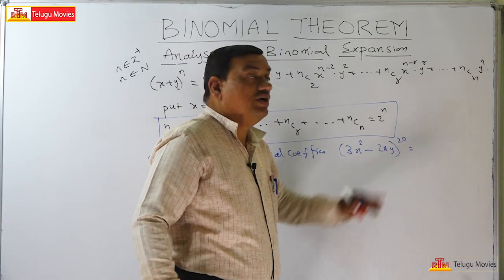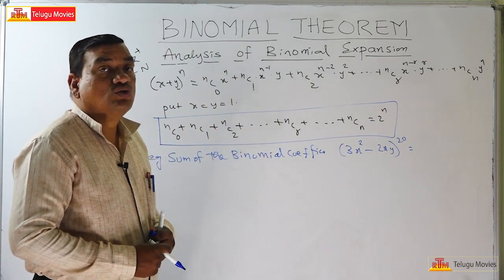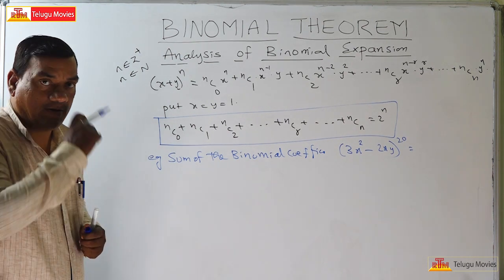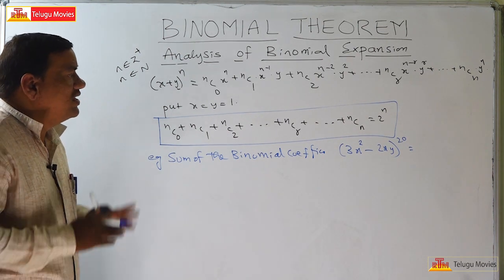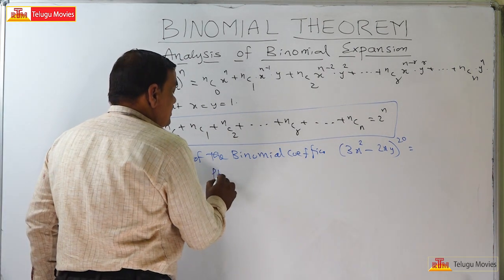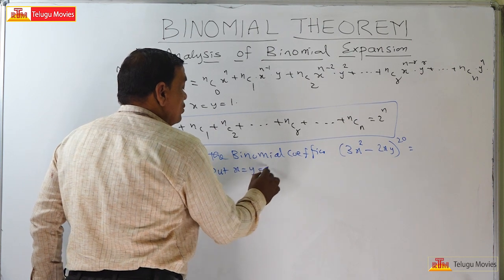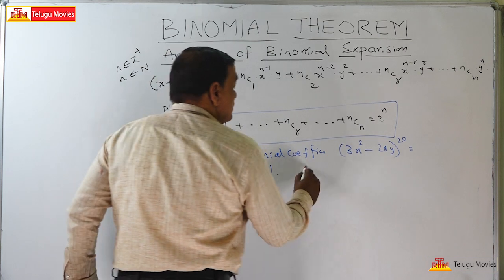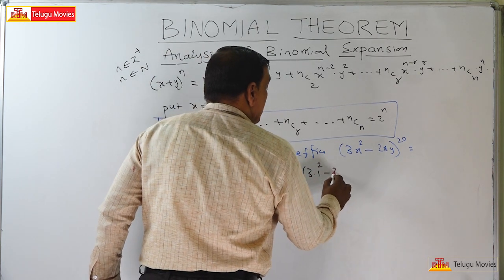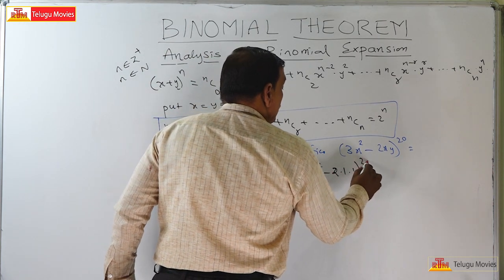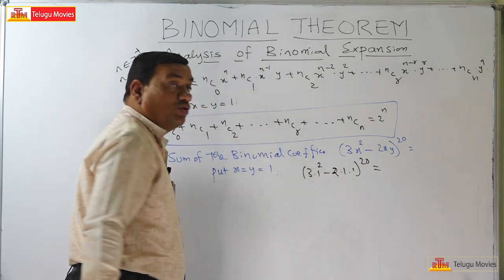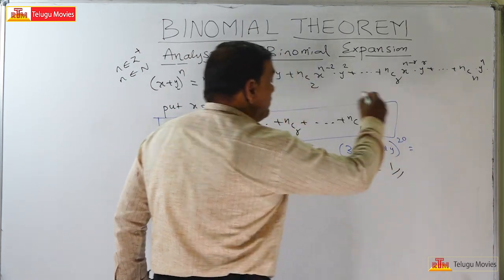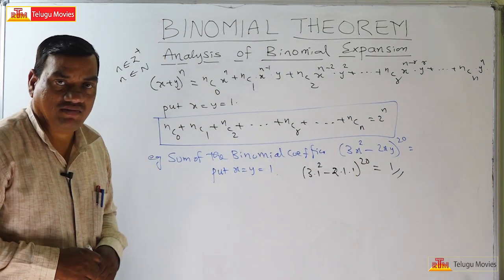If you want to find the sum of the binomial coefficients, simply put x is equal to y is equal to 1. Now substitute. This is equal to (3 into 1 square minus 2 into 1 into 1) to the power of 20, which is (3 minus 2) to the power of 20, that is 1 to the power of 20, equal to 1. So the sum of the binomial coefficients is equal to 1.